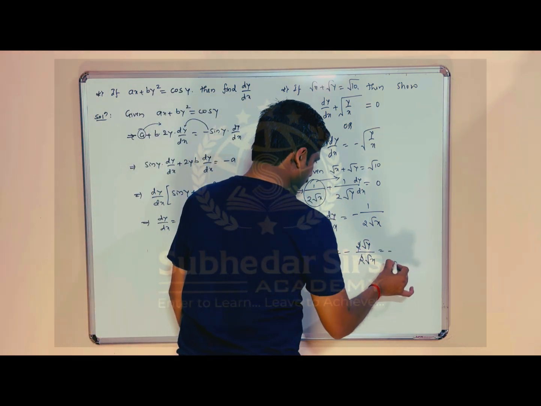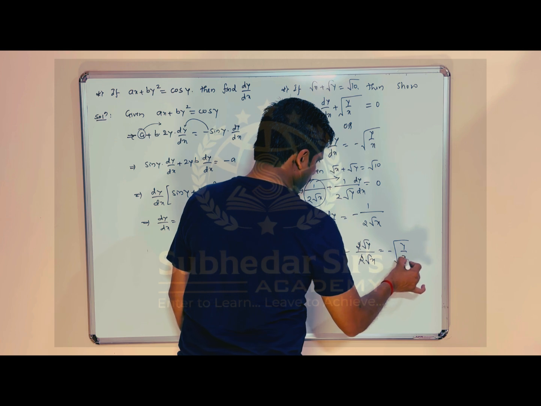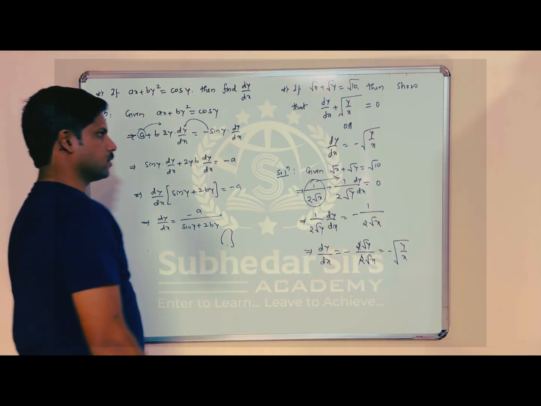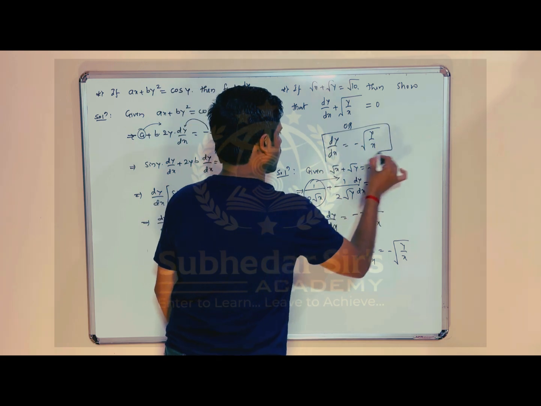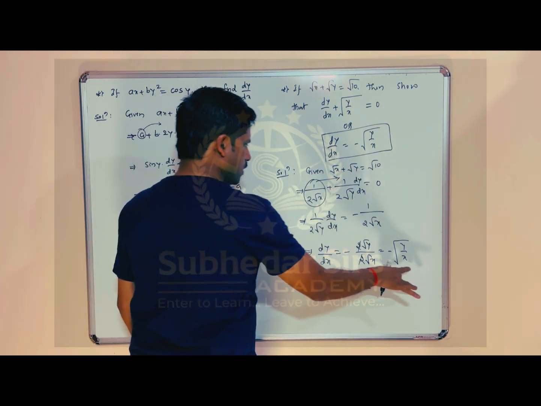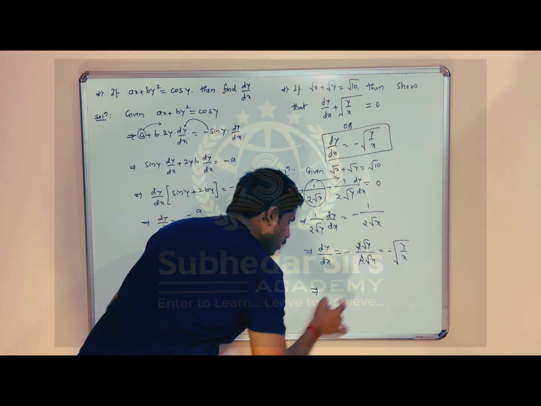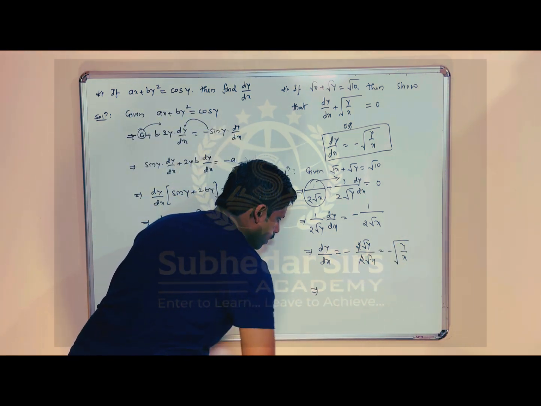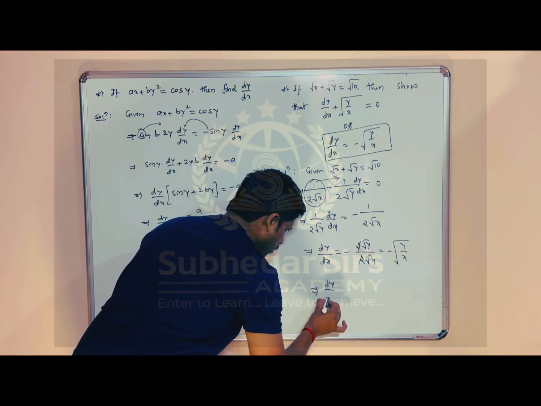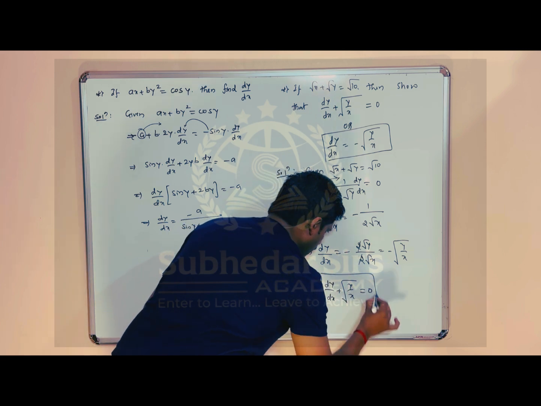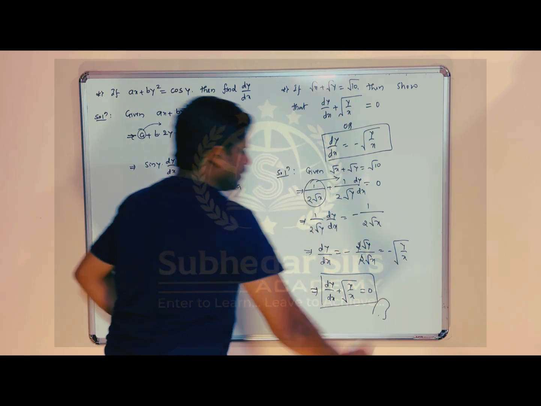This is equal to minus whole root of y by x, because numerator is root y, denominator is root x. So that is dy by dx is equal to minus of square root of y by x. Take this minus of square root of y by x to LHS, becomes positive. That is dy by dx plus whole root of y by x is equal to 0, which is the required solution.